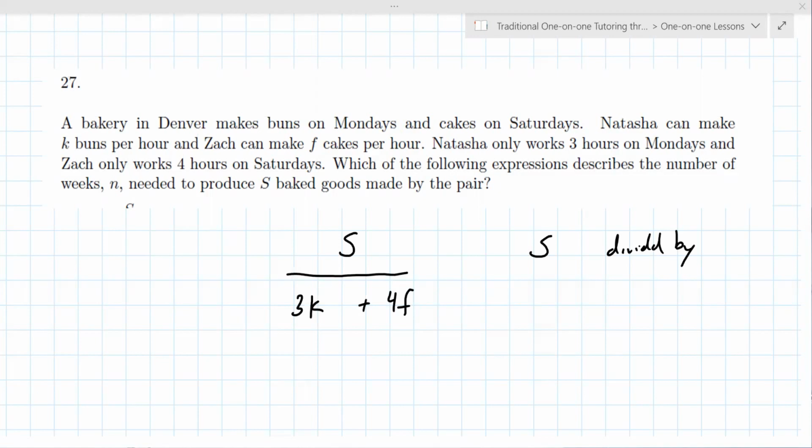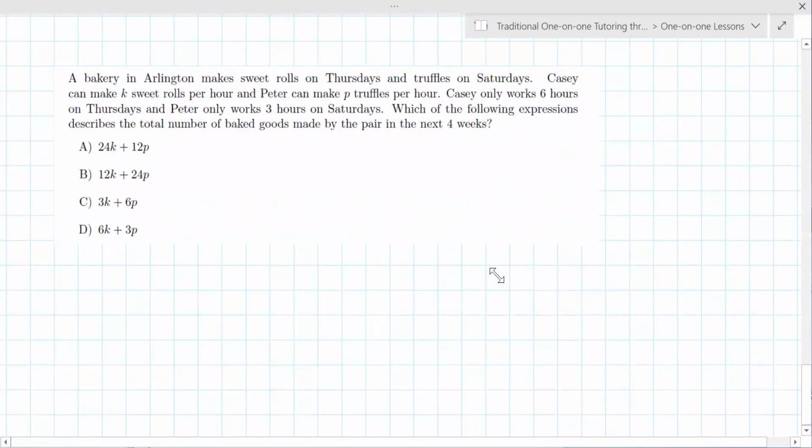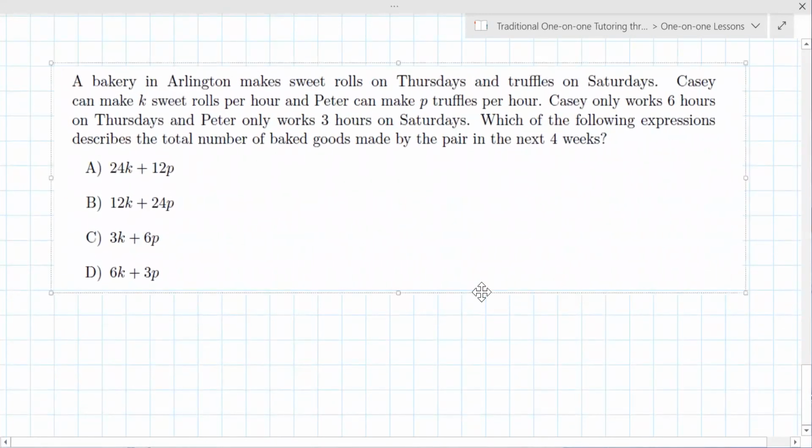Okay, so let me snip in question one here. You'll notice right away that it's slightly different, but retains a lot of the same things here. So go ahead and read that and see if you can solve it on your own.